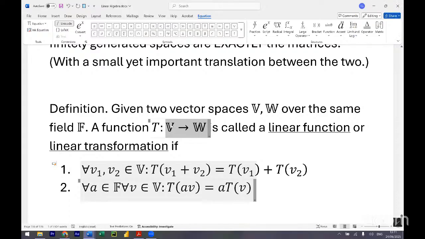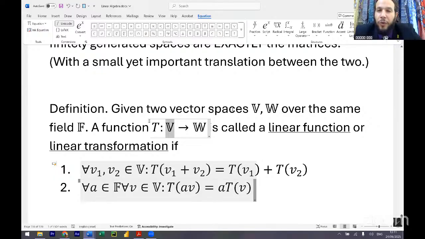Are they matrices? I mean, it's vectors. Yeah. Vectors, exactly. That is what I was looking for. A linear function is a function that gets vectors and produces vectors, and the following two conditions hold. Okay, so that is a linear function.